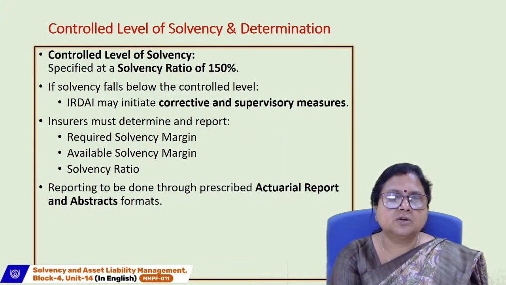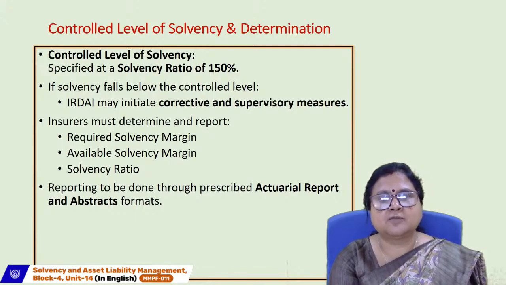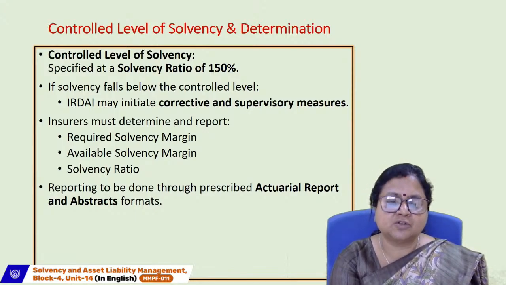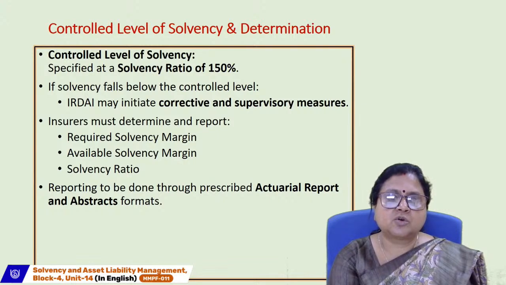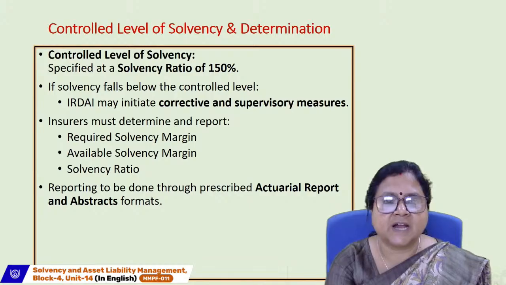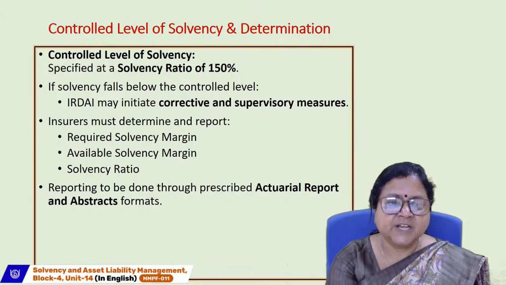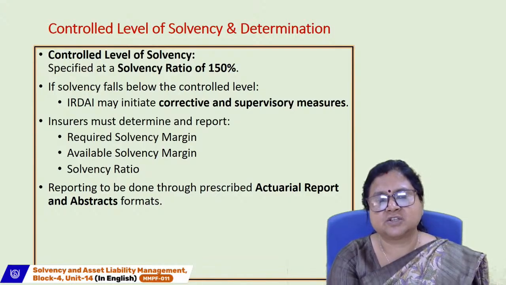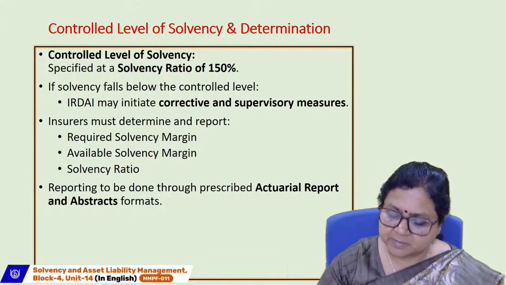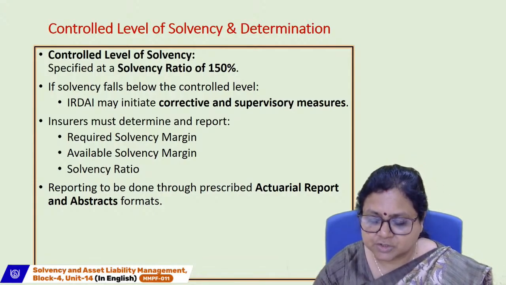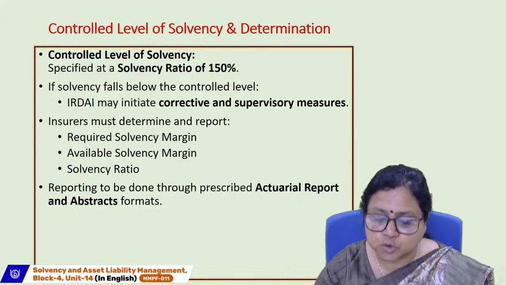Now let us move on to the control level of solvency and how it is determined. The control level of solvency, as I said, is specified by IRDAI at a rate of 150%. If the solvency level falls below the control level, IRDAI may initiate corrective and supervisory measures. So if the requirement is 100 crores, you should have 150 crores.